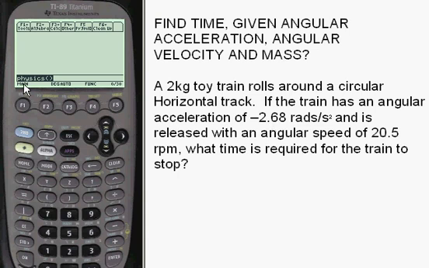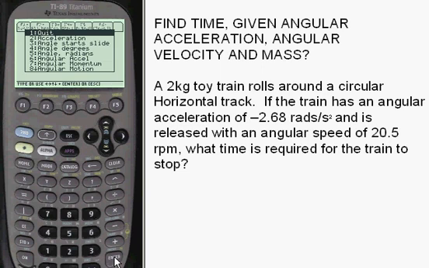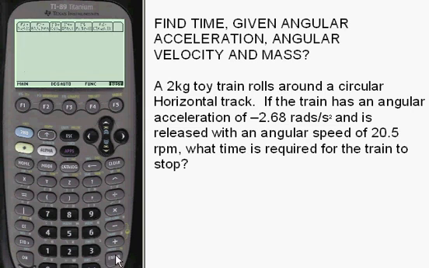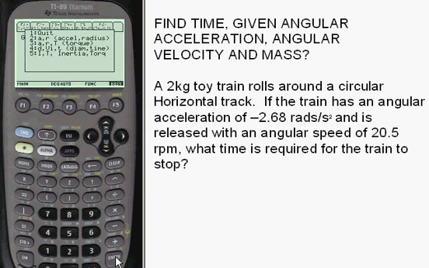So let's do it here. Physics to get to my main menu. And we're going to look for angular acceleration. And we're going to look for what's given here, which is mass.